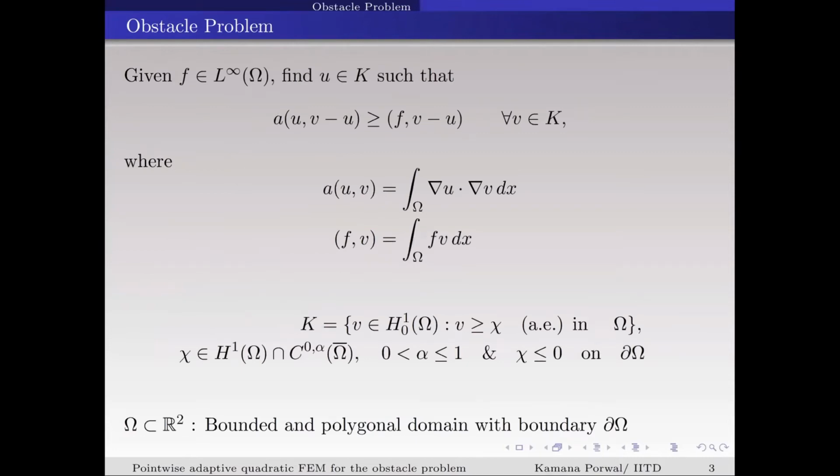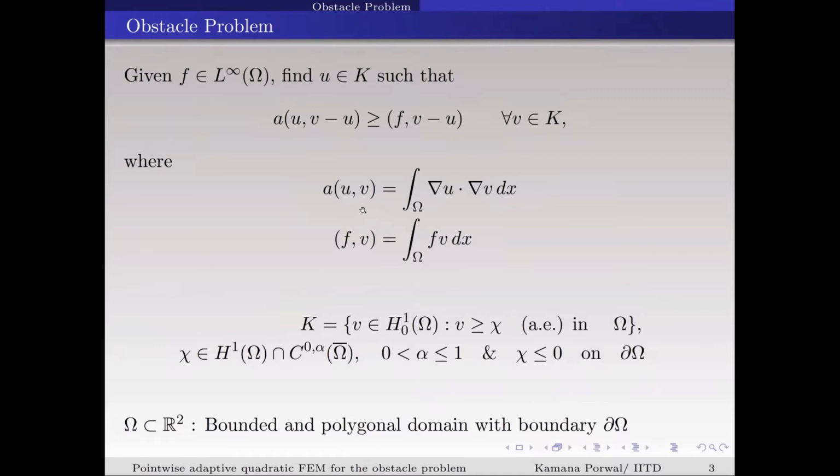The variational formulation of the obstacle problem is to find the solution of this variational inequality in the set K, where the set K is a closed convex subset of H^1_0(Ω), whose functions are constrained to lie above the obstacle χ. Here χ is a given function which we have assumed to be Hölder continuous, and it satisfies this compatibility condition across the boundary of the domain.